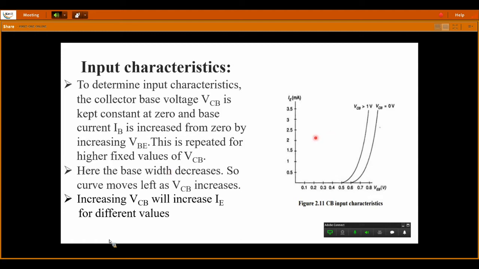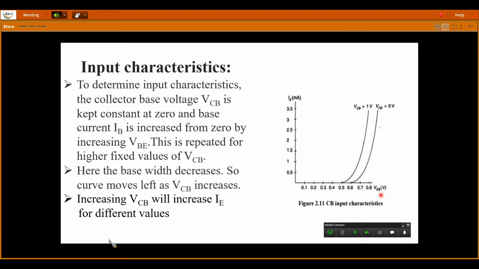So like this, we'll note it on the input and we'll find the input resistance, or the dynamic input resistance, the rate of change of voltage with respect to your input current.